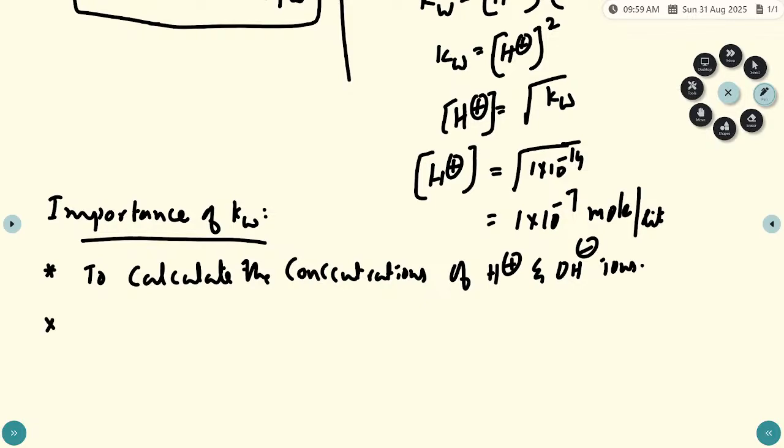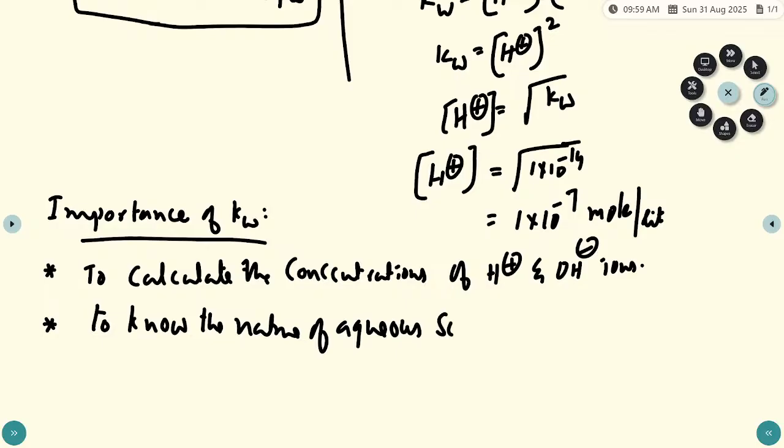Number 2, to know the nature of the aqueous solution. For example, if the concentration of H plus ion is equal to the concentration of OH minus ion, then what is the nature of the aqueous solution?